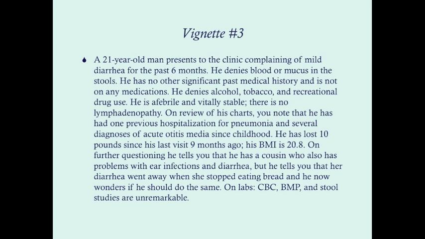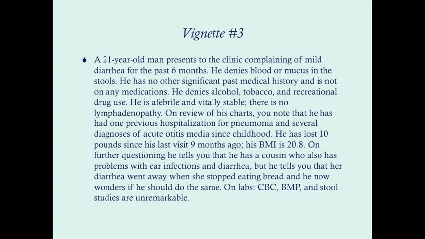All right, so based on that, what does this guy have? So he is presenting with something, and it has nothing to do with immunodeficiency. So this guy is giving you a pretty classic case of celiac disease.